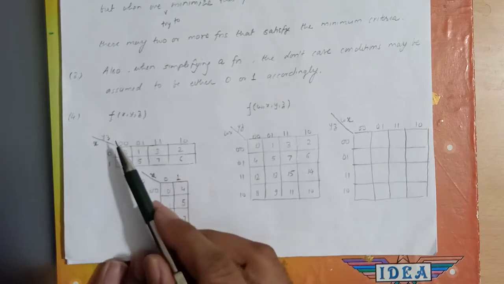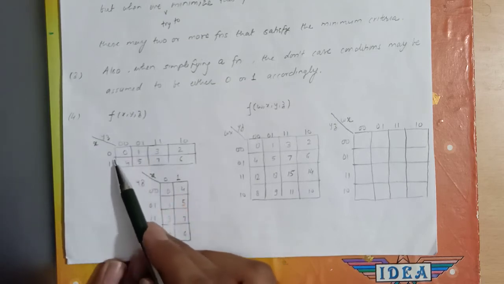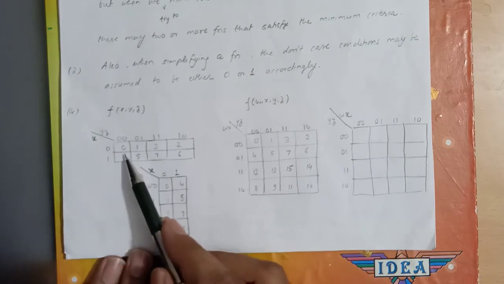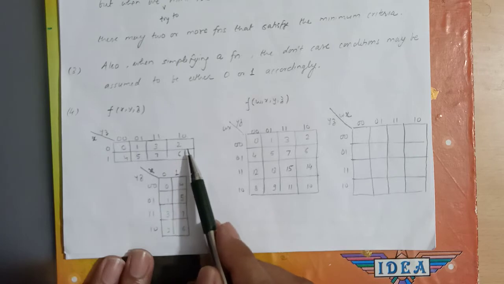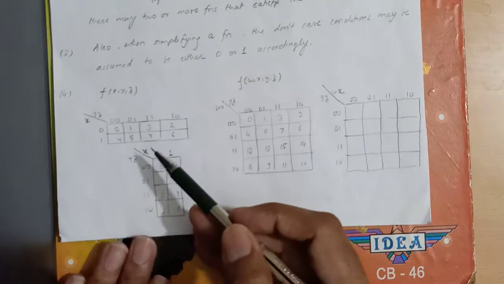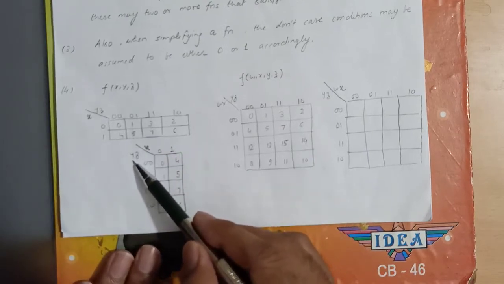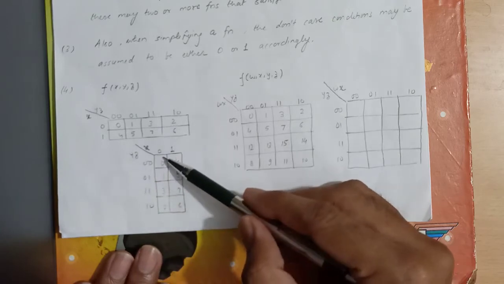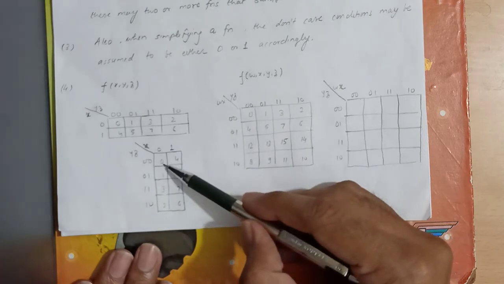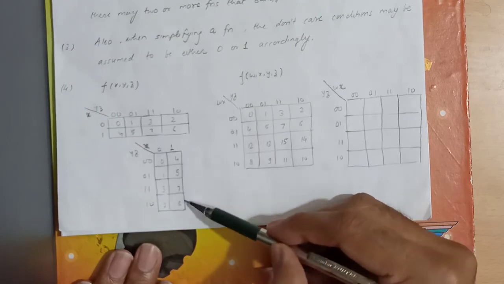So we can draw the K-map like this by considering x here and y and z here. So this is the order for the minterms: 0 1 2 3 4 5 6 7. If we draw the K-map by considering x here and yz here, the order of minterms will be changed. So this will be your zeroth minterm, 0 1 2 3 4 5 6 7.